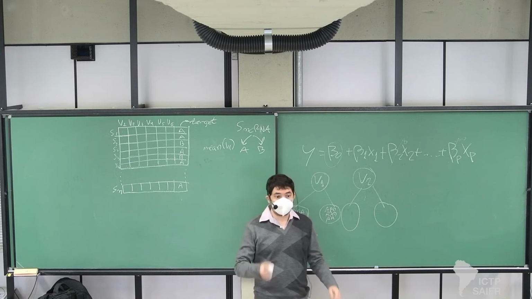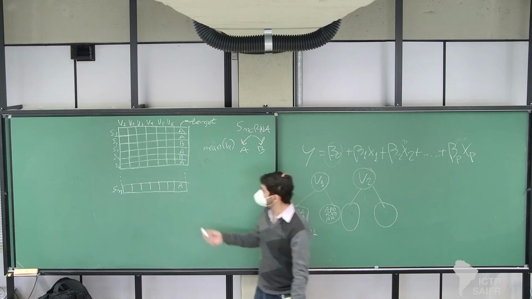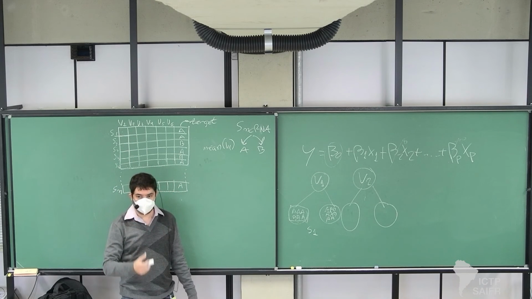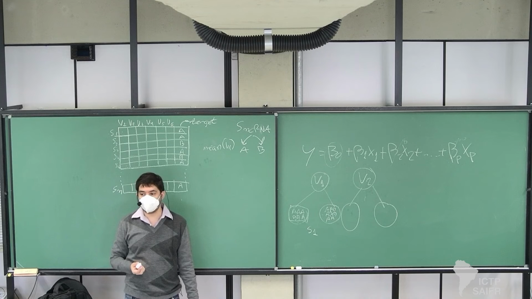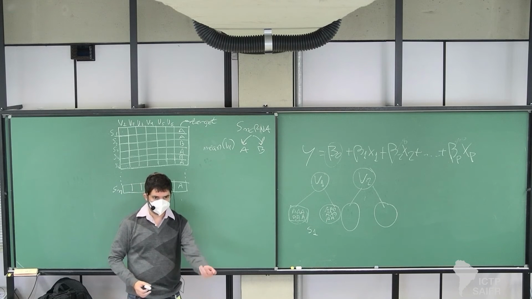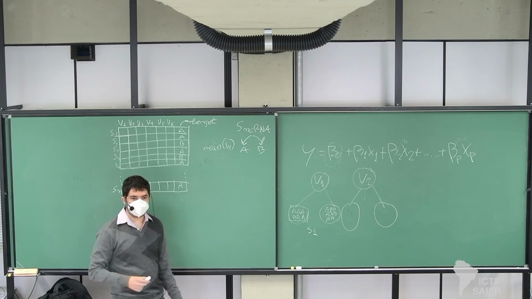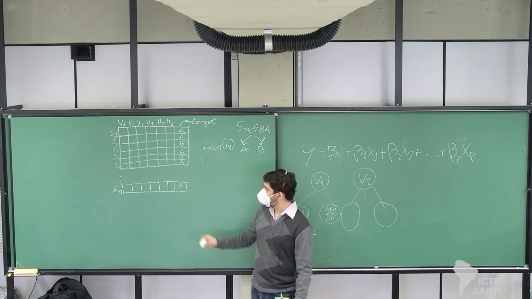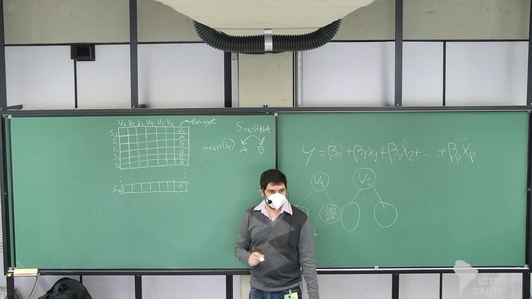Okay, now suppose that V2, instead of being a numeric variable, is a categorical variable. You know, suppose it has, I don't know, three values, P1, P2, and P3.